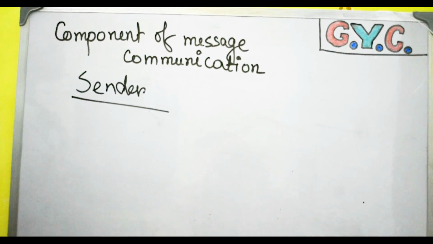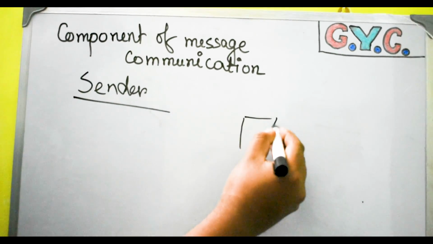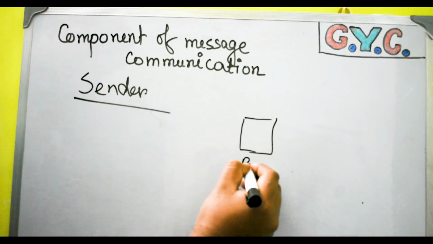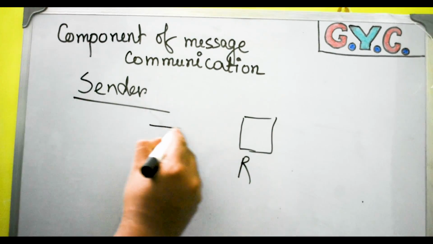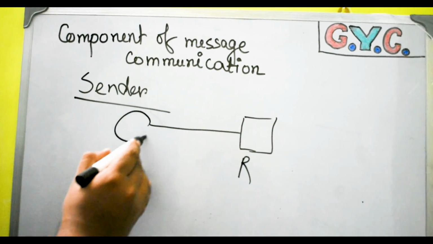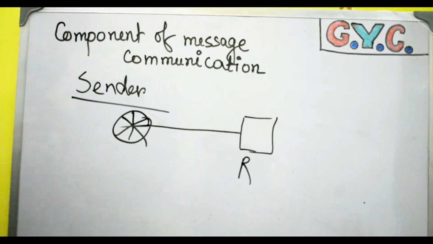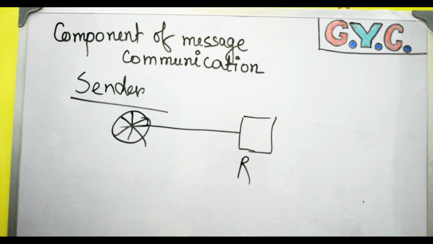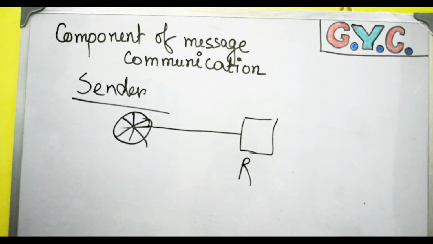Suppose we don't have any source. Suppose this is the receiver, R, we are denoting the receiver as R. This is a channel. There is no sender. What is to be sent to the receiver? What will it receive? It will receive nothing.